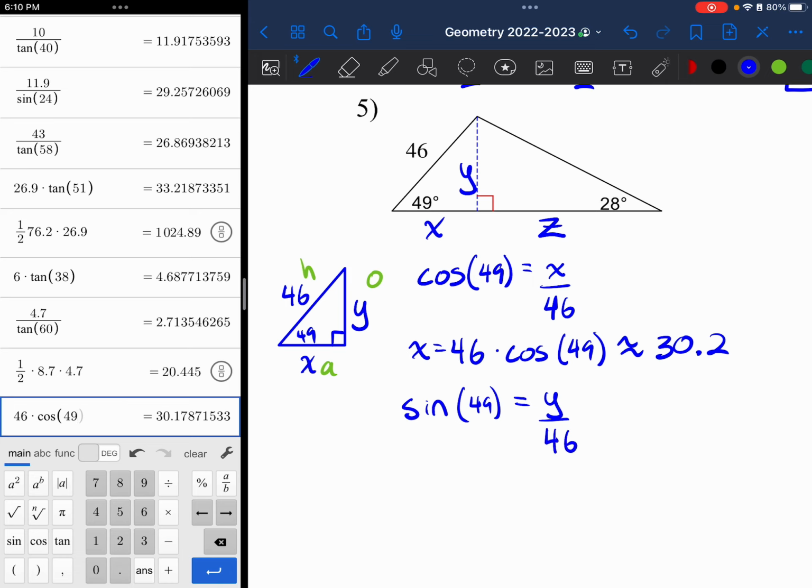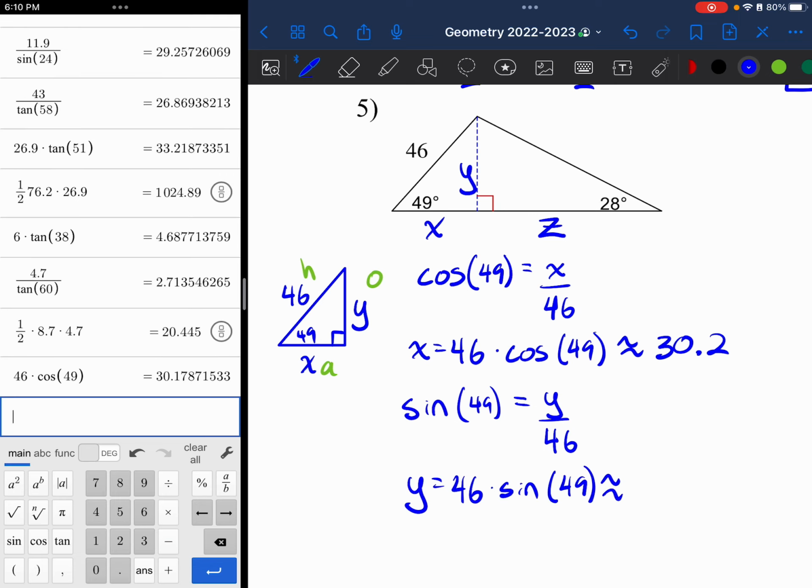Again, to solve for y, I'm going to multiply both sides by 46, and I get y is equal to 46 times sine of 49. We're going to use the calculator to approximate that. 46 times sine of 49, and I get 34.7. All right, we're 2/3 of the way there in terms of our unknown values.